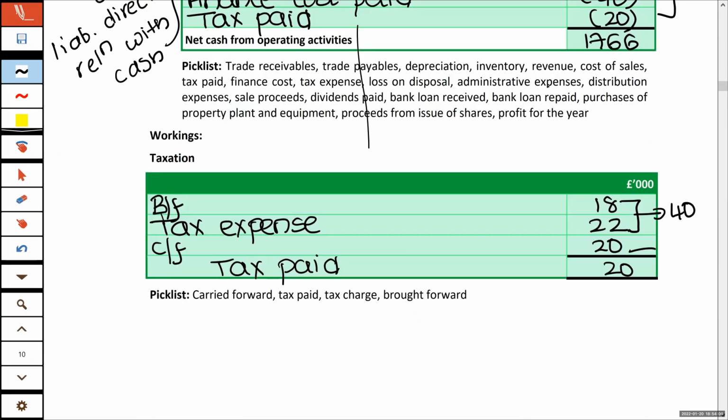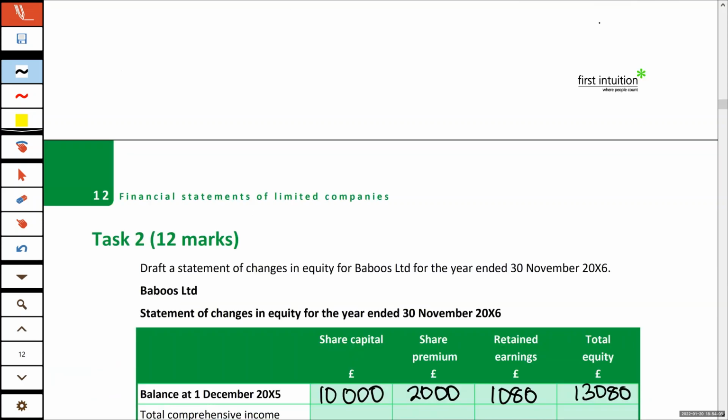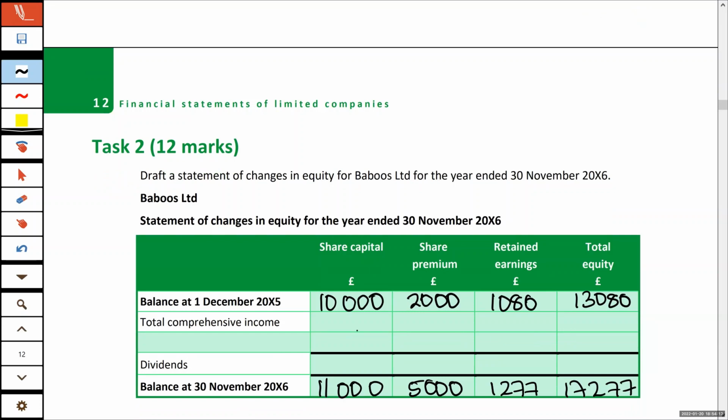Because remember, both of them, as we calculated, should come out as £4,000 in total. What do you think is my share capital balance? And what do you think is my share premium balance in issue?